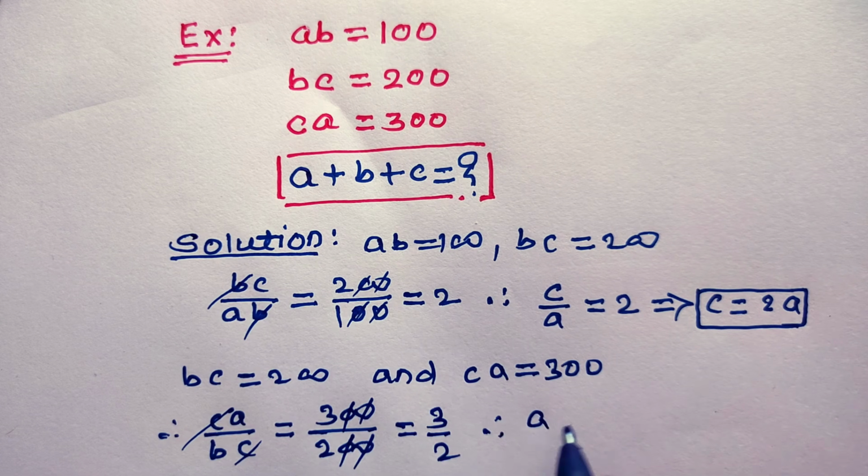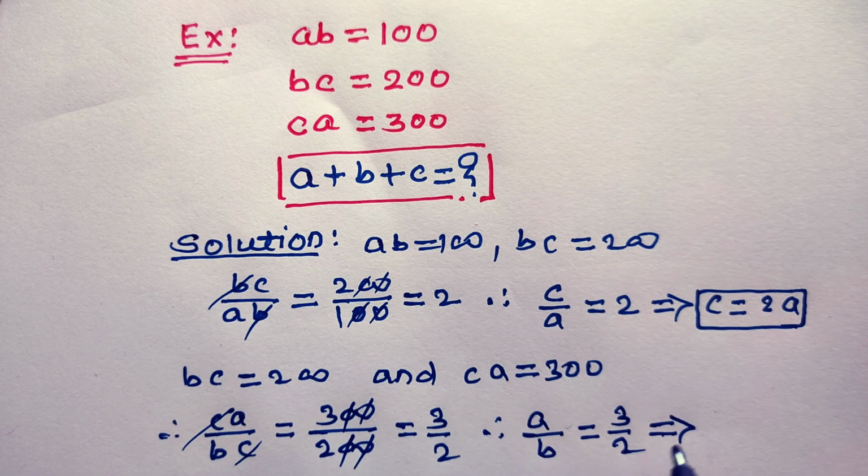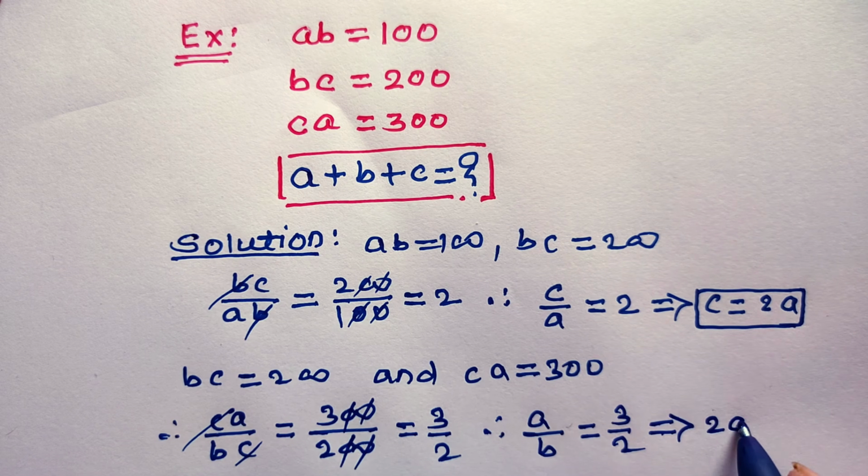Hence A upon B is equal to 3 upon 2, and this implies, taking cross multiplication, 2A is equal to 3B.